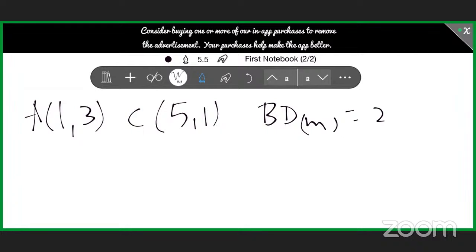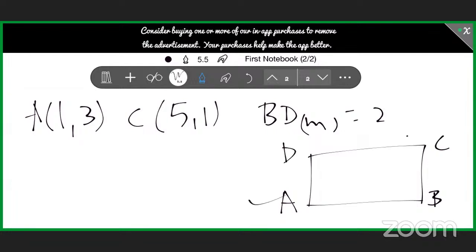So, what is given is the opposite vertices of a rectangle and the slope of BD. Given this, they are asking us to find the equation of BD. The first thing, if I draw the rectangle: this point they gave, and this line's slope they gave.